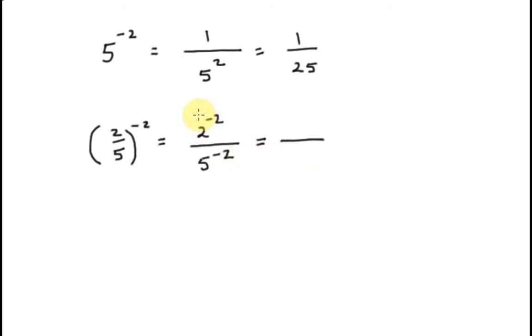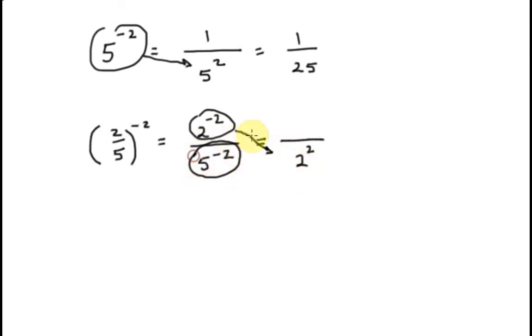If you take 2 to the negative 2 and write it at the bottom, then I can rewrite the negative exponent as a positive exponent. It's like up here when I took all this and wrote it on the bottom. So I take 2 to the negative 2, put it on the bottom as 2 to the positive 2. Now I'm going to take this one that's already on the bottom.